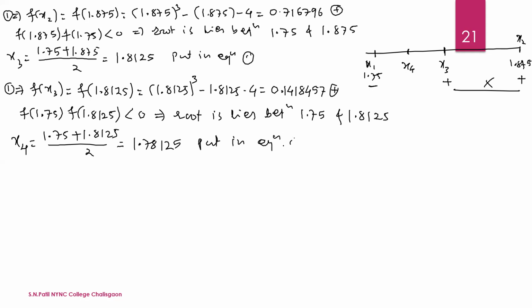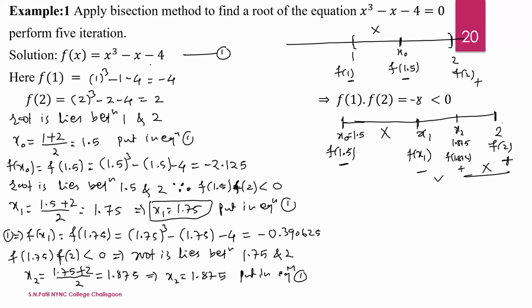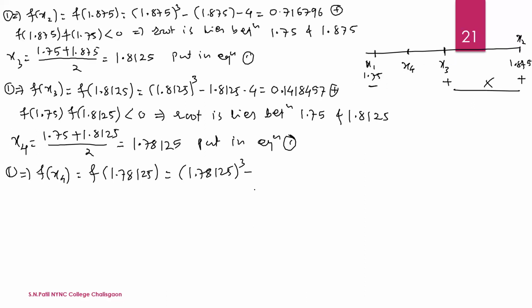in equation 1. That is, equation 1 becomes f of x4, that is f of 1.78125, is equal to 1.78125 raised to 3 minus 1.78125 minus 4, which is equal to minus 0.1296081.